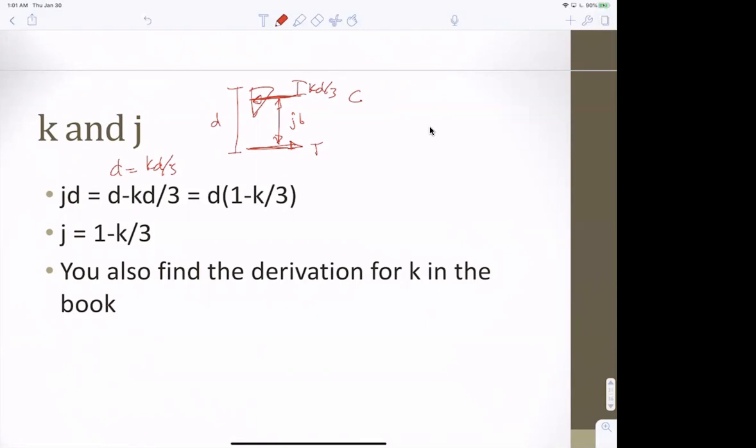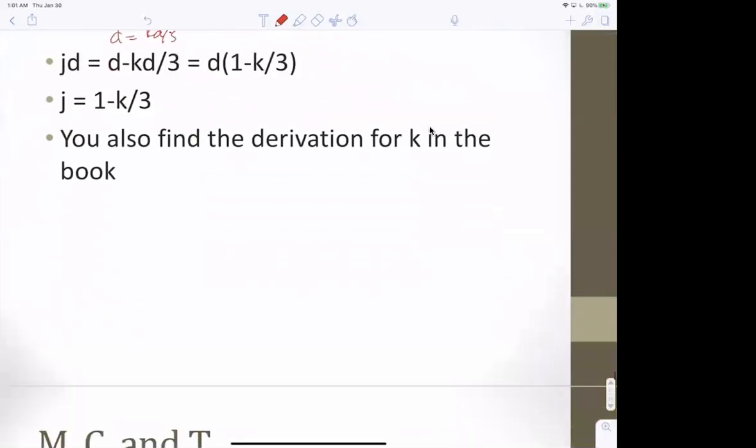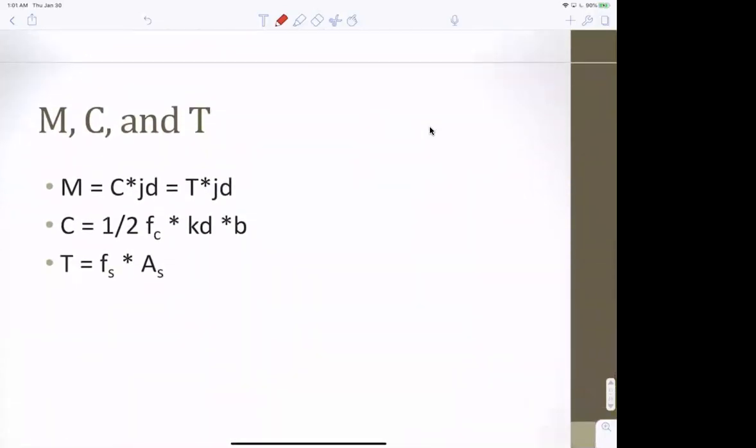So J, these D's cancel out, is 1 minus K over 3. So you get K from the formula, and then J equals 1 minus K over 3.